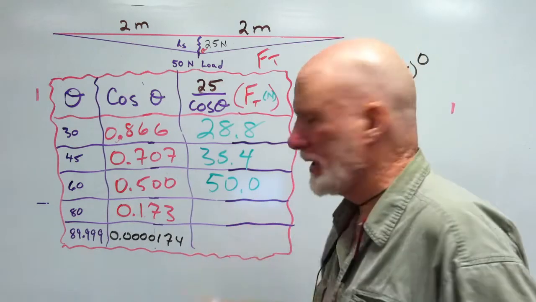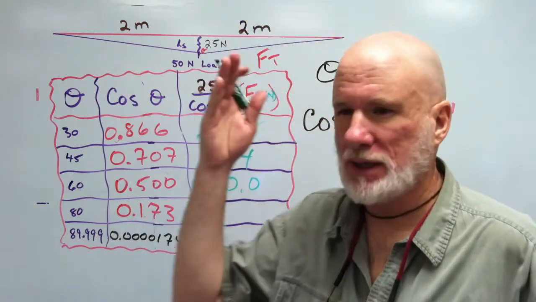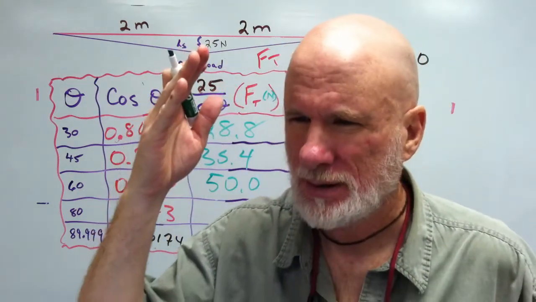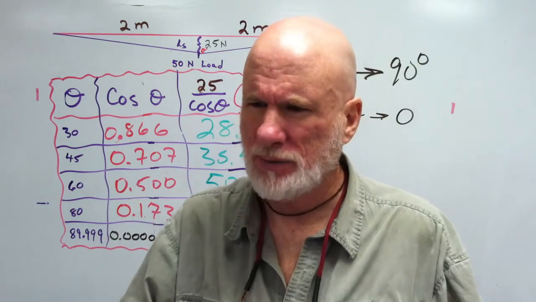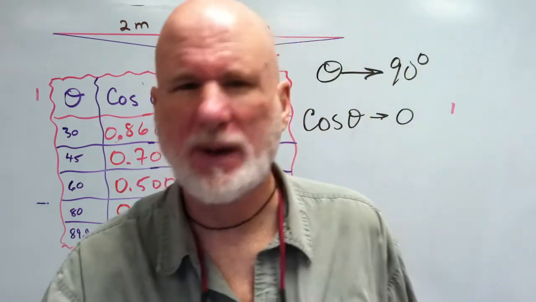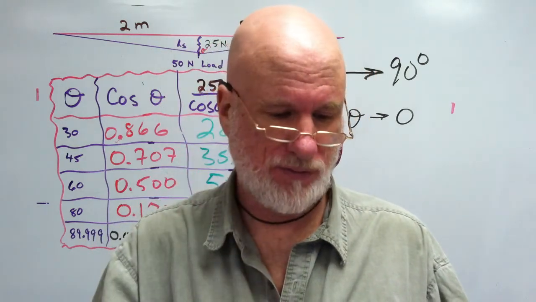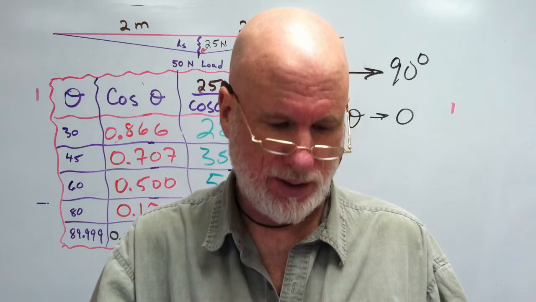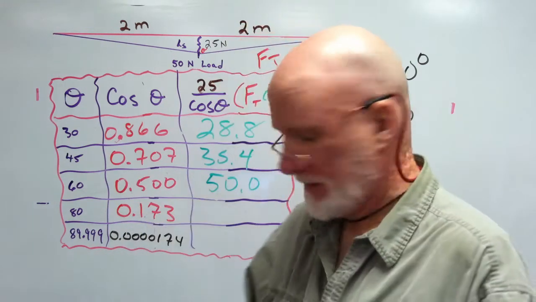Now, what is 25 divided by 0.173? 144.5. Are you sure? Take a look here. 25 divided by cosine 80.